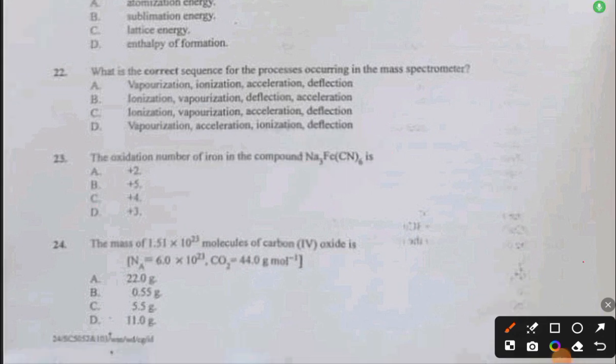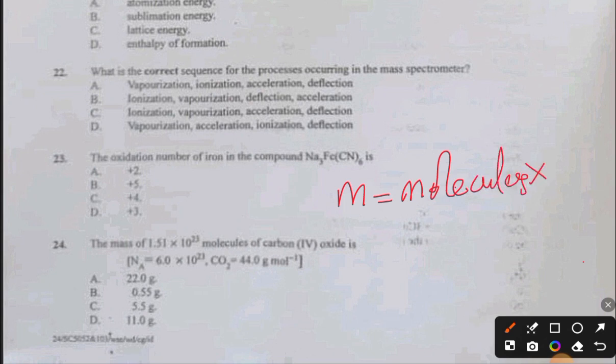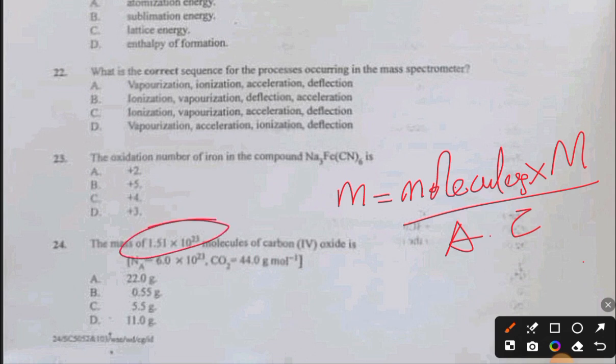Question 24. The mass of 1.51 times 10 exponent 23 molecules of carbon dioxide is. So the mass equals the molecules multiplied by molar mass capital M over Avogadro's constant. So this is the number of molecules.